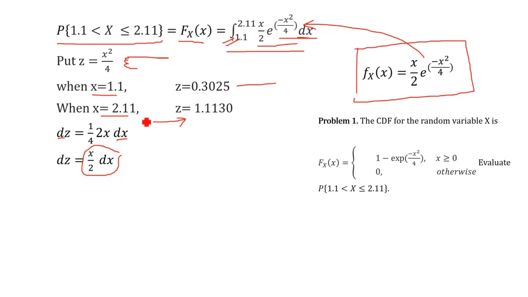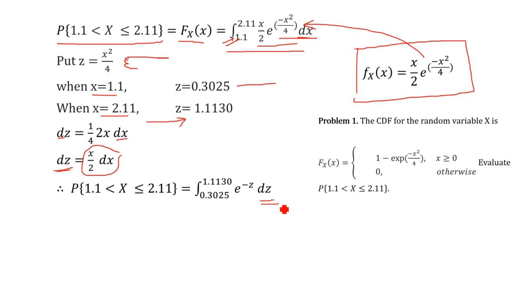That can be replaced by dz. So this complete expression becomes, with the limits changed, from 0.3025 to 1.1130, e to the power minus z, and x by 2 into dx is replaced by dz.